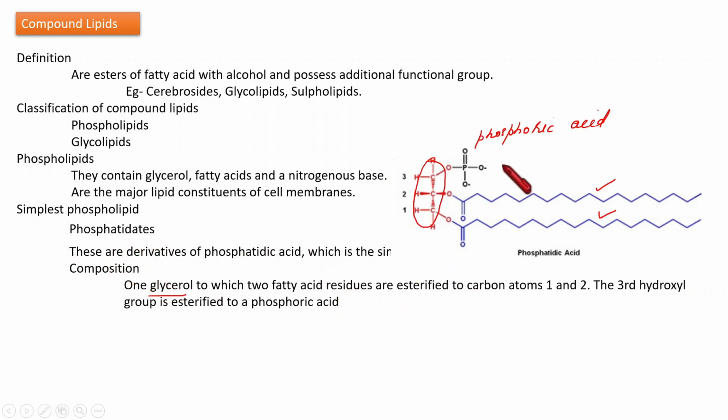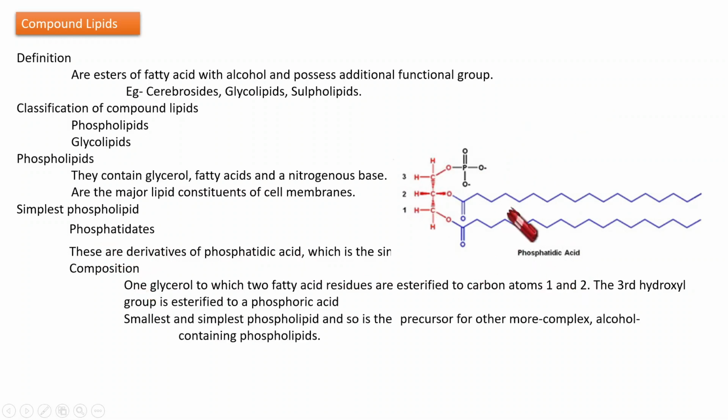So let's see some other features, importance, and properties of these phosphatidates. These phosphatidates are the smallest, simplest phospholipid. As it is the simplest form, they can act as the precursor for complex alcohol containing phospholipids.